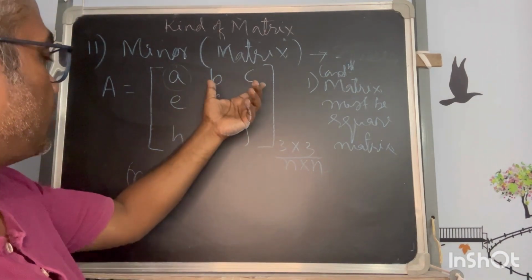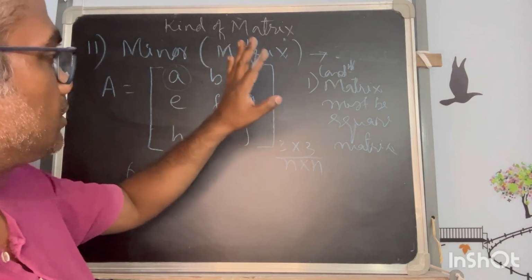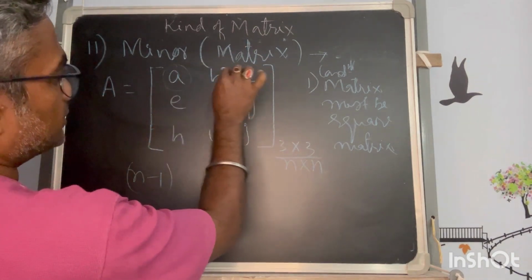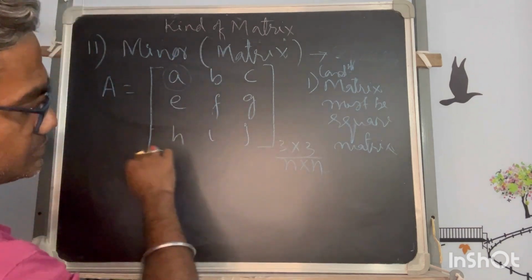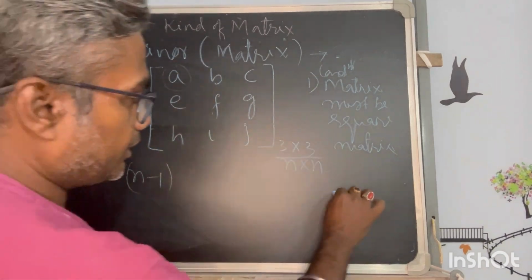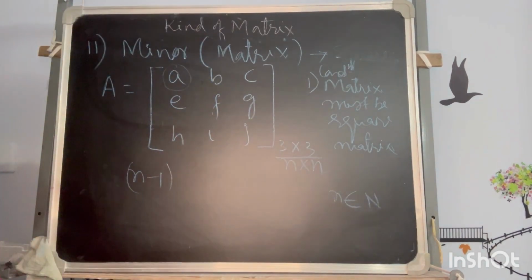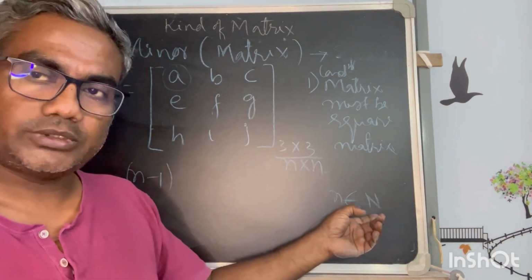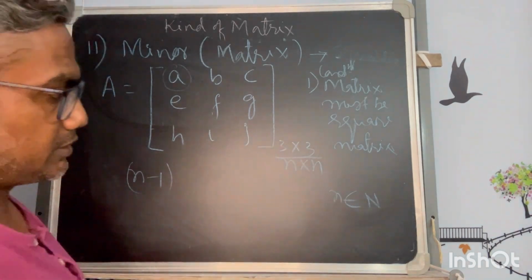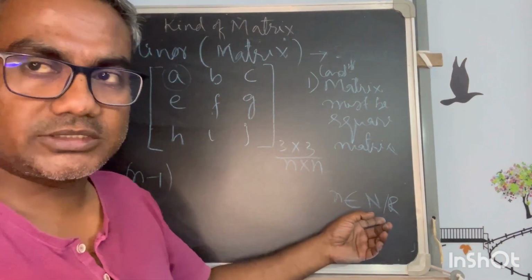I am not writing so many terms, that's why I have taken the specific one, but nevertheless I can write up to n terms here and n terms there, if I take n cross n, where n could be any value which is a natural number. Real numbers could be a fraction, but here a fraction is not acceptable.